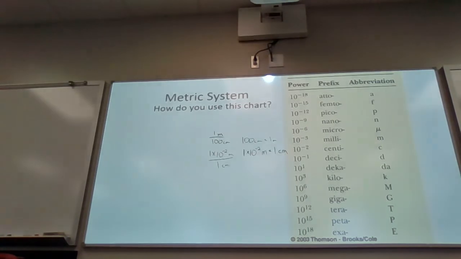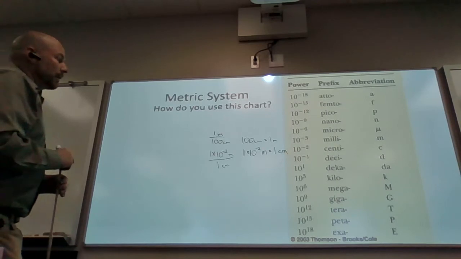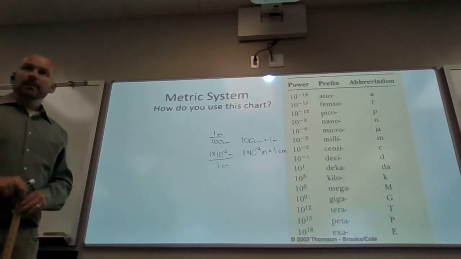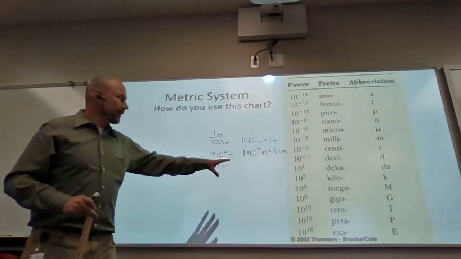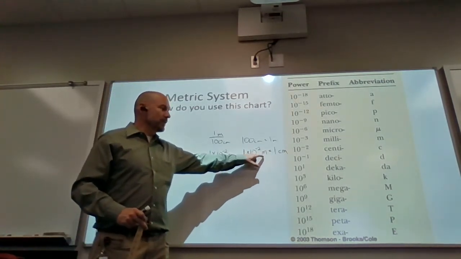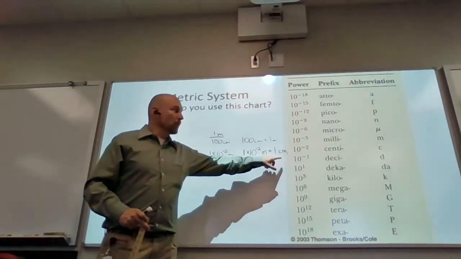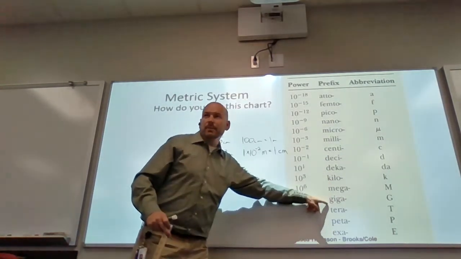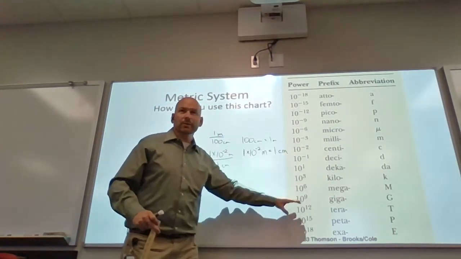Okay, we use scientific notation quite a bit in here. Okay. So, you see how we're using it? It's saying how many of the base unit is equal to one of these units. That's how you read this chart.